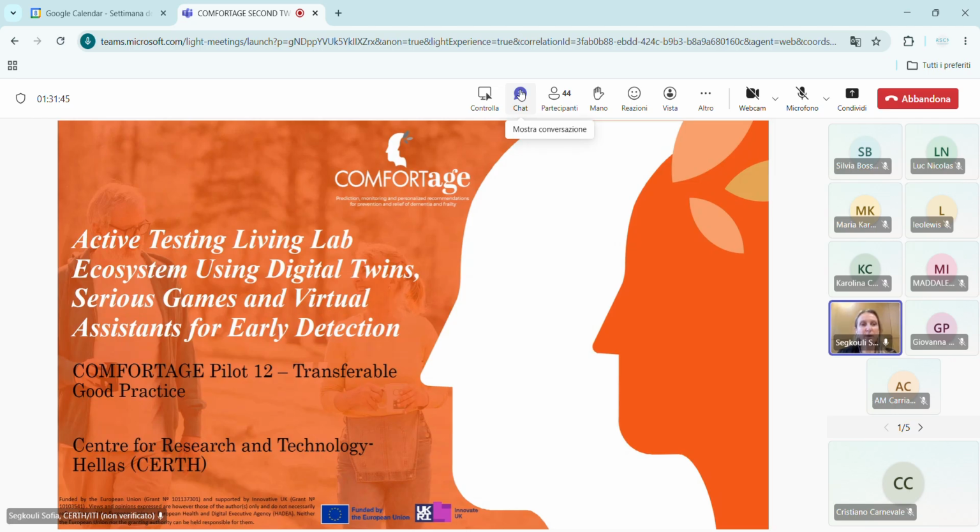So we are also delighted to present, to share our work on our pilot, which mainly focuses on an active testing living lab, in line with COMFORTage cutting-edge AI innovations.